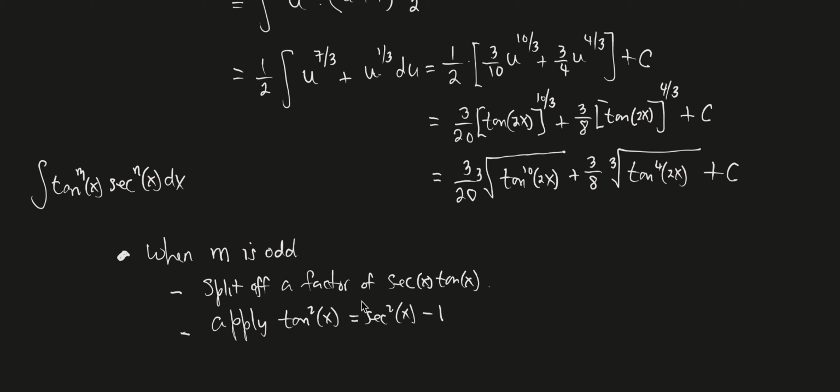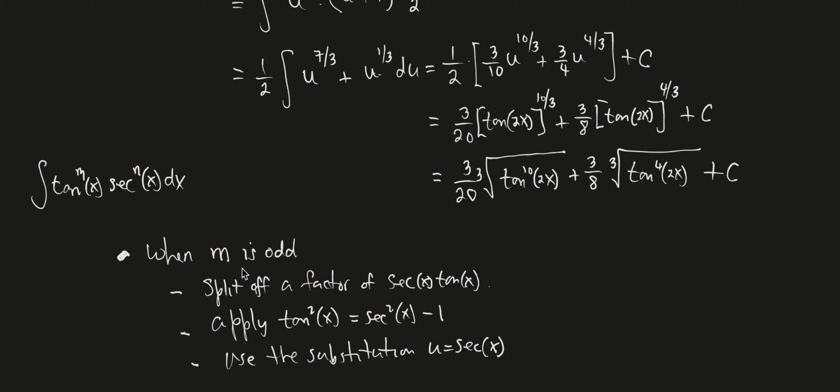So it's basically just taking the identity that we used in the first procedure and solving that identity for tangent squared, right? And then we're going to use the substitution u equals secant x. And that's why having the secant x tangent x times my dx, that's why that differential works, right? Let me write this down more clearly. All right, so we have that, right, so that's going to be our u, all right?